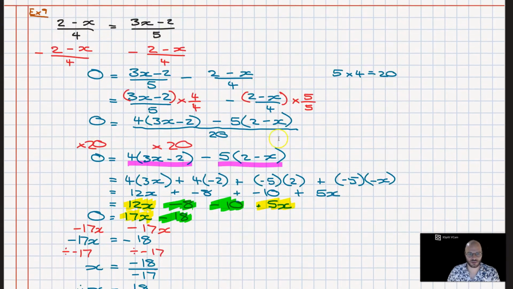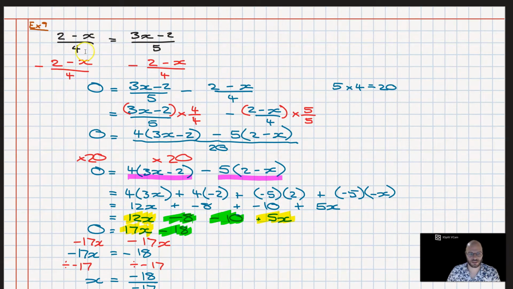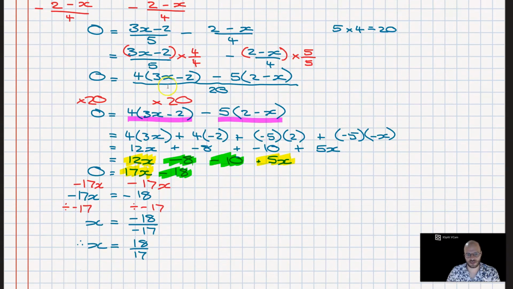So once again, looking back, we started off with this linear equation where we had algebraic fractions on either side. We first move everything to one side of the equation. We then simplify the two fractions such that we have a singular fraction. So we multiply by 4 and 5s to get a common denominator.